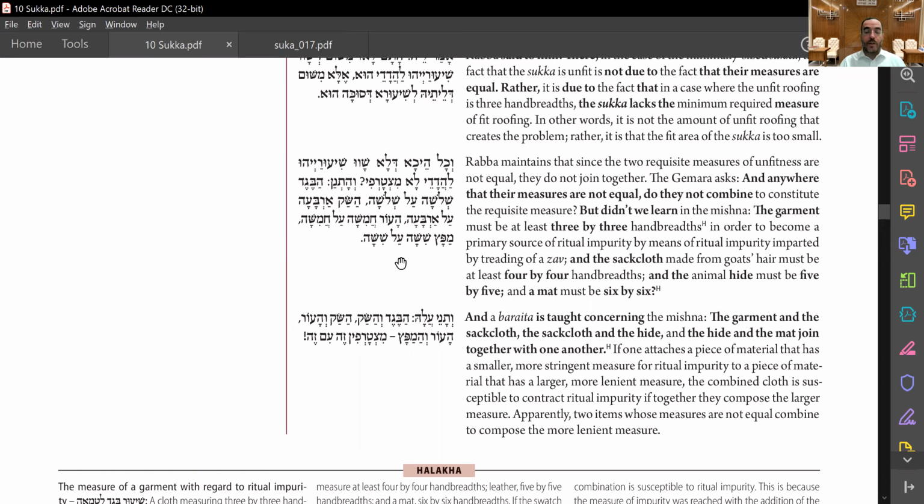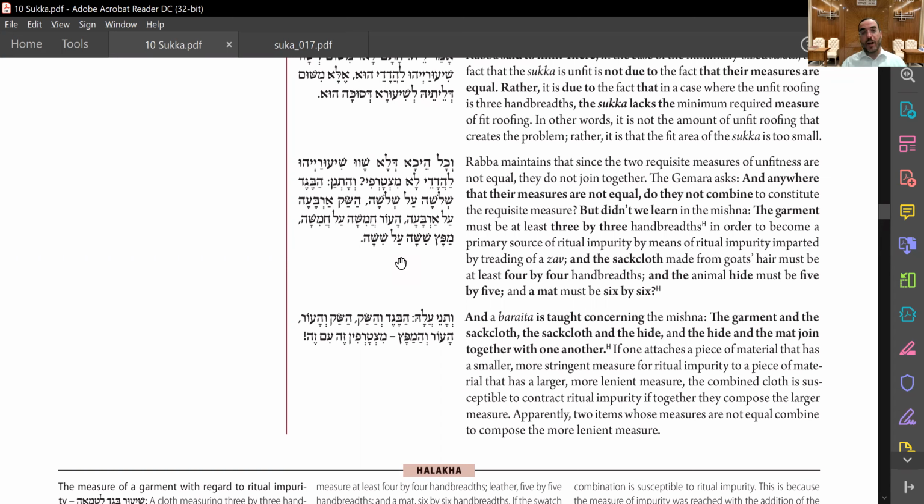We have a Mishnah that talks about the smallest amount that a piece of cloth will become tameh. If a piece of cloth is made out of wool, which is most expensive, if it's 3 by 3 or more it can become tameh. Less than 3 by 3, it's not usable for anything. So 3 by 3 is the smallest because this is the most expensive and usable.